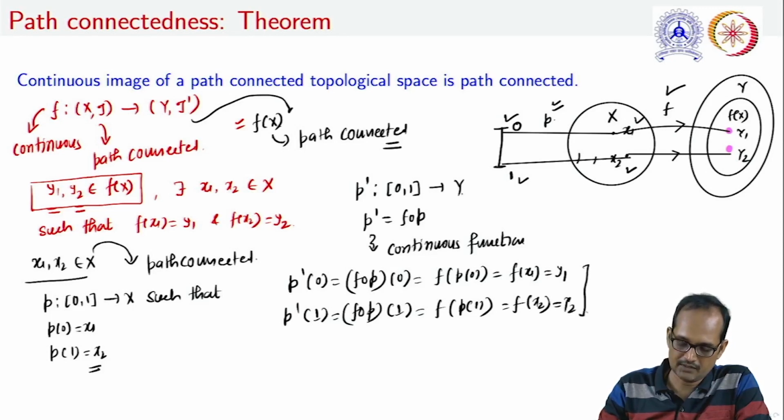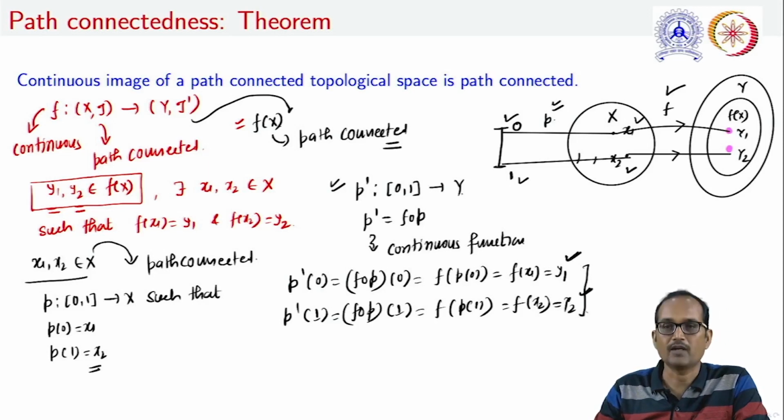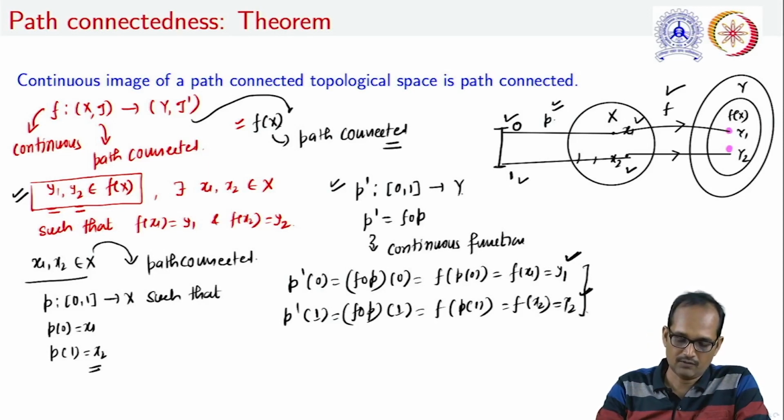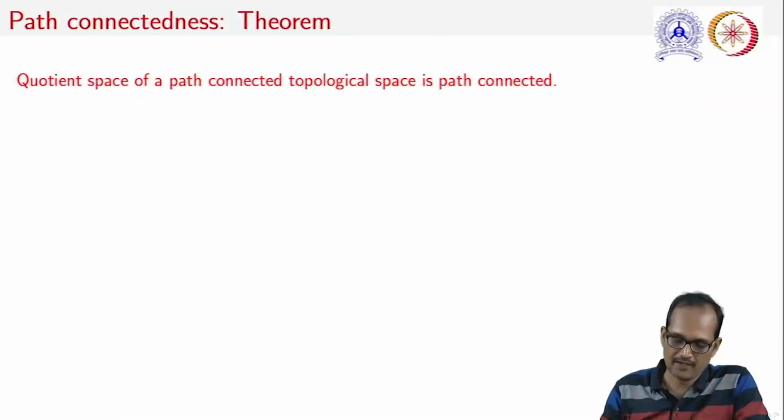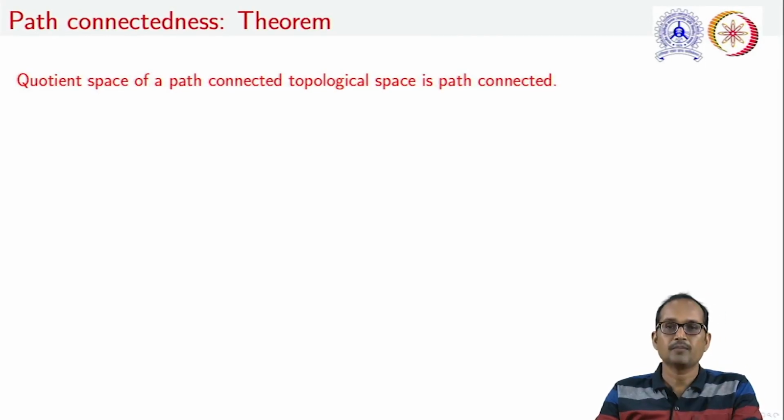Thus, there exists a path connecting y1 and y2, and therefore f(X) is path connected.